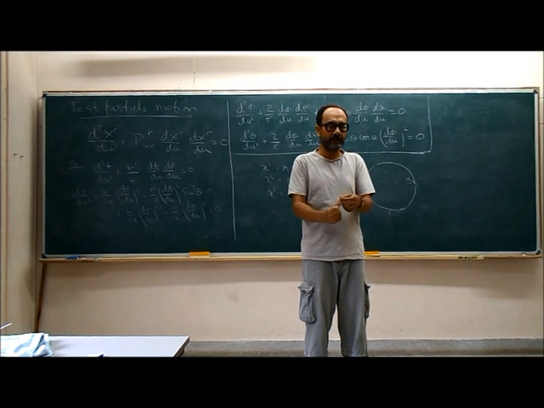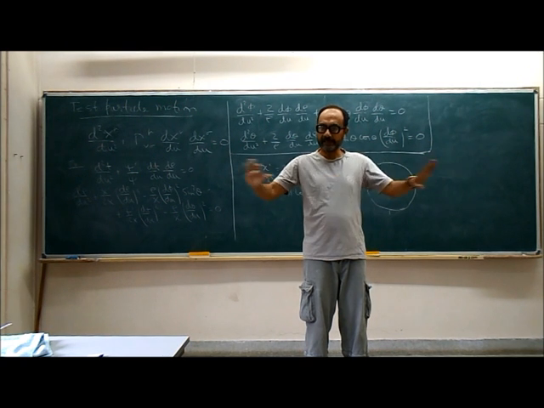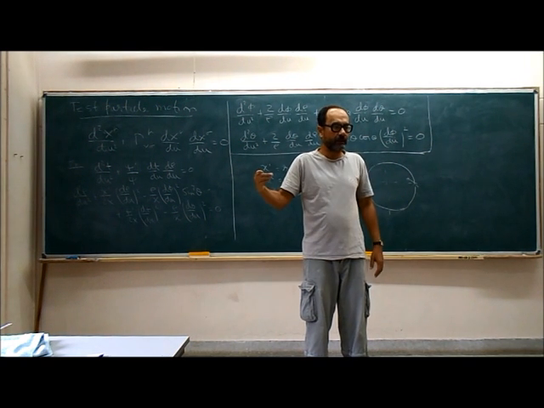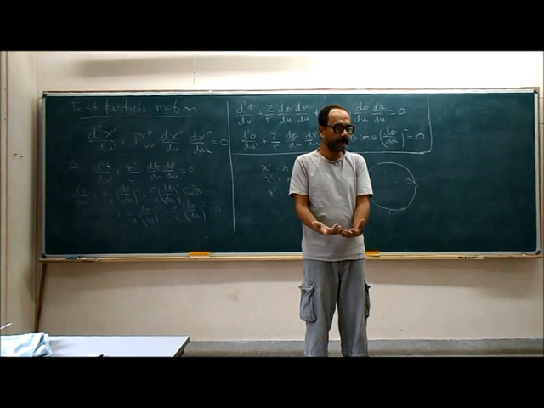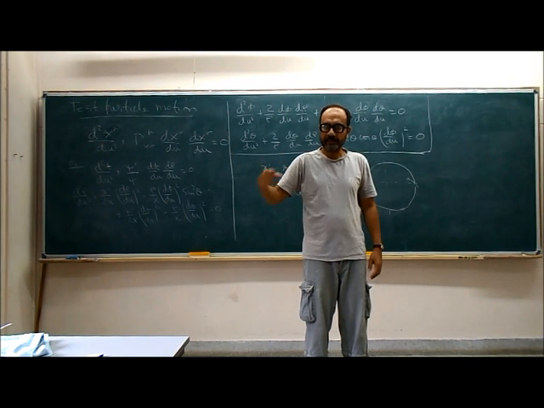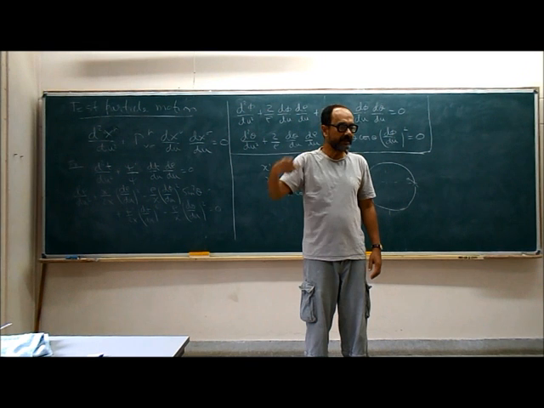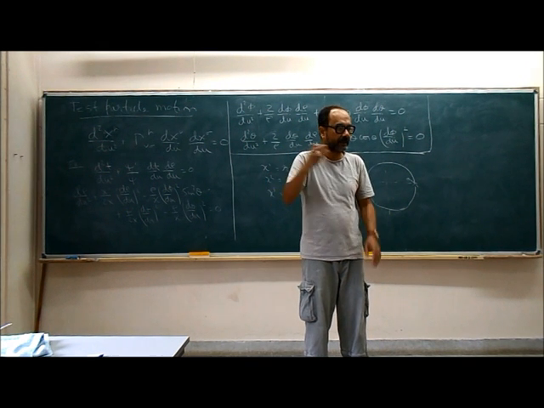Now you choose your z-axis perpendicular to that plane. That means the initial position of the particle is on the equator. You draw a sphere now. It's on the equator, and the initial velocity is only along the phi direction, because it's in the plane you have drawn.